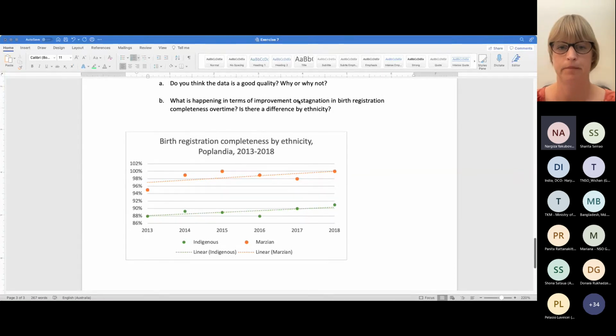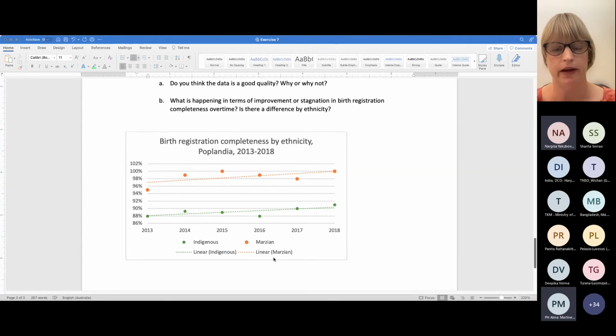Okay, it's loading, but have a look at the data and see what you think.